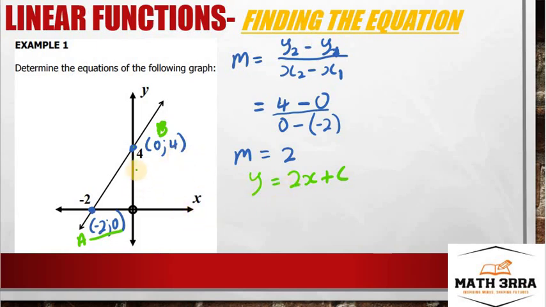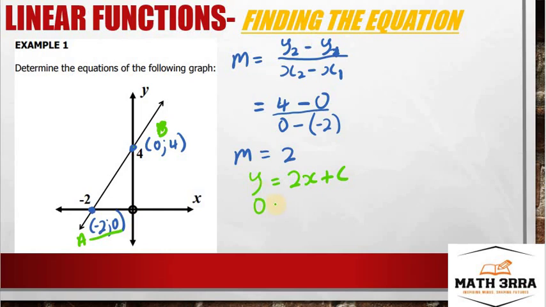So which points do we have? We've got point B and point A. For simplicity's sake, I'm going to go with point A, but you can use either one of these points to determine C. I'm going to substitute the point that I know to determine C. So in point A here, the y is 0.